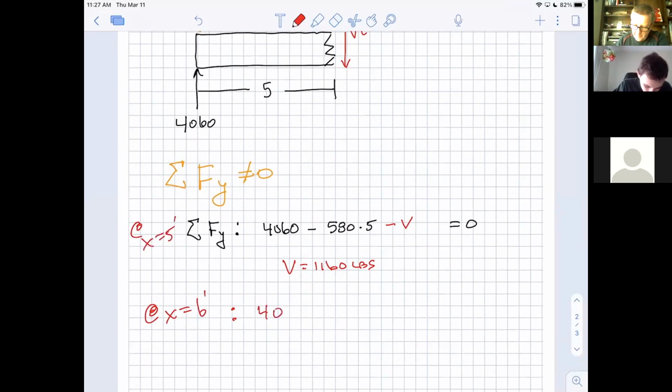Well, isn't it the same calculation? You still have 4,060, but now you have 580 times 6 going down. What do you get now? You get 580.